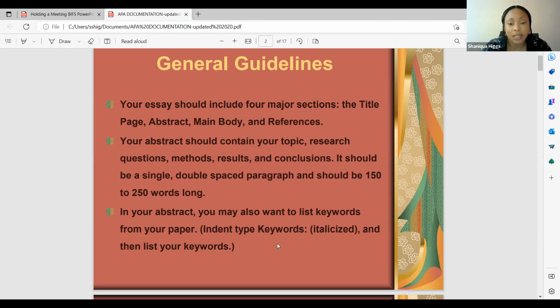And there are two steps involved in APA documentation. The first are found in the body of your report or your document. They are short notes that we call in-text citations. And they are so short that they generally include the year of publication and the author's name.